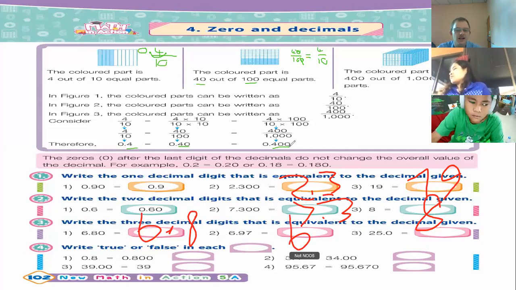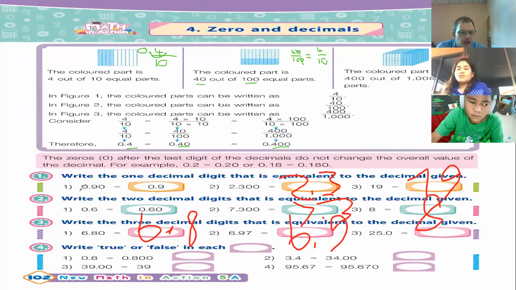So yes, right. Let's see, who is writing here? Is Tantan writing here? Let's see. At the bottom for the examples, write the 1 decimal digit that is equivalent to the decimal given. 2.3, yes. 1.9, yes.